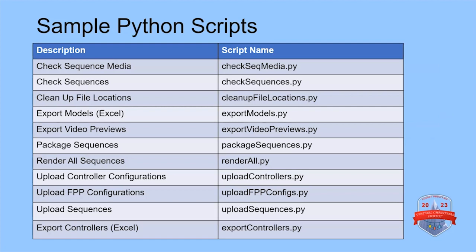Now, only one of these does not use the REST API at all, and that's the check sequence media. I wrote something that would run down through all the sequences in a show directory and try to tell you if the media was actually in the show folder or not. That's for almost anything.